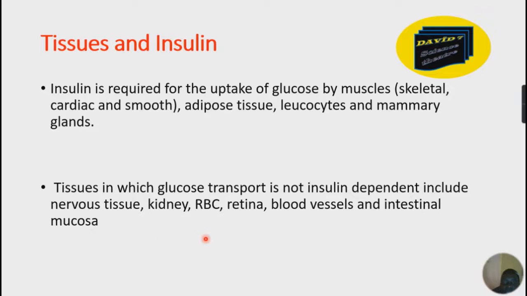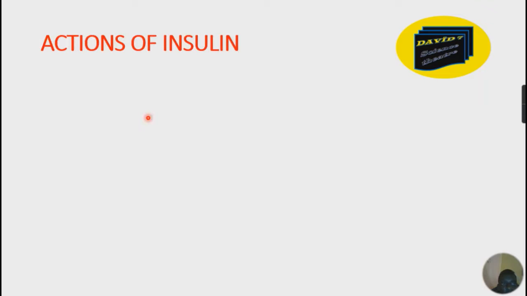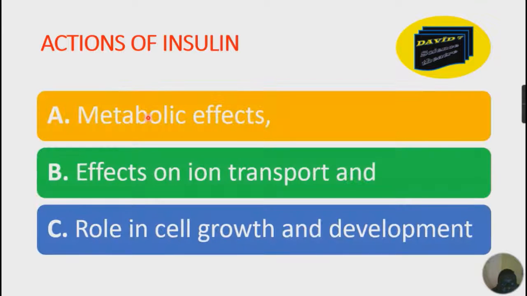These do not depend on insulin to take up glucose, but the other tissues will depend on insulin in order to take up glucose. So how does insulin act? It has metabolic effects, it has effects on ion transport, and a role in cell growth and development.